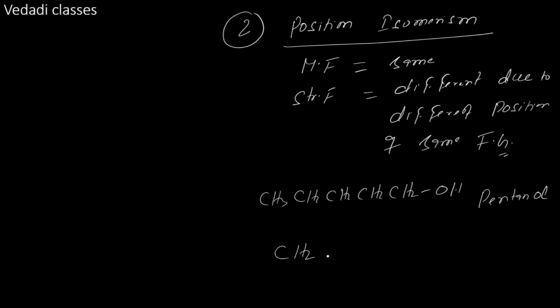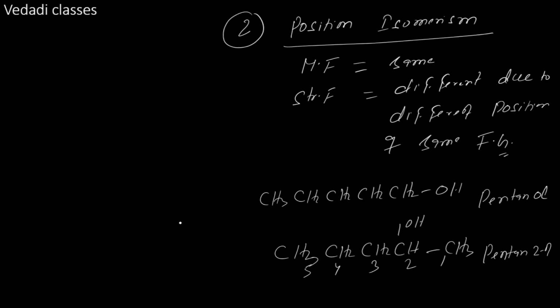Now when you write CH3, CH2, CH2, 1, 2, 3, 4, 5, then CH, OH and CH3, this is known as pentan-2-ol. The OH is at the second position, so we will say pentan-2-ol.